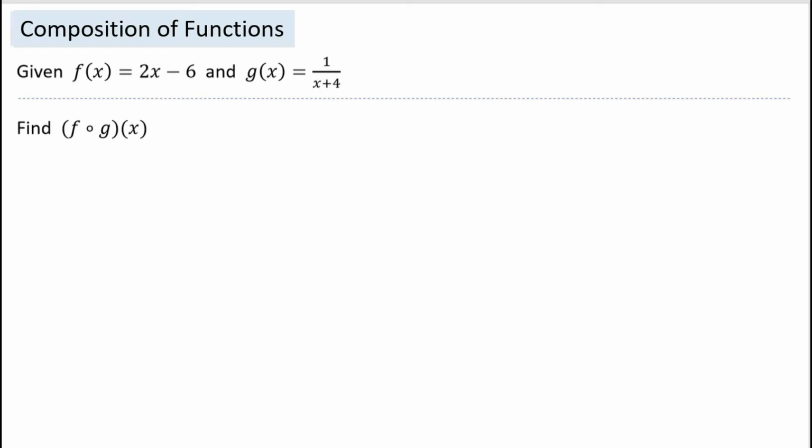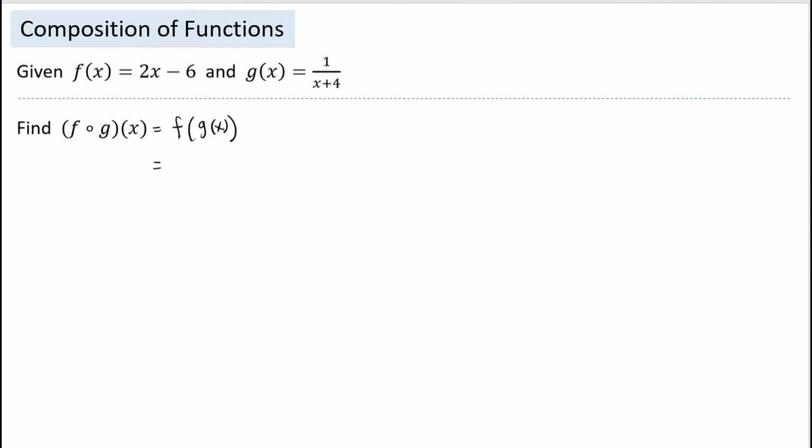Let's compute the composition of f and g, which is f of g of x. This means that our input of the function f is not x, but it is the function g of x, because the function f is equal to 2x minus 6.